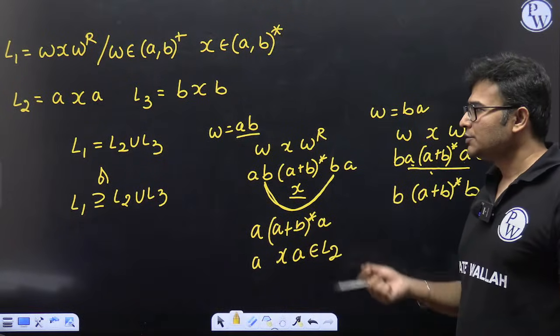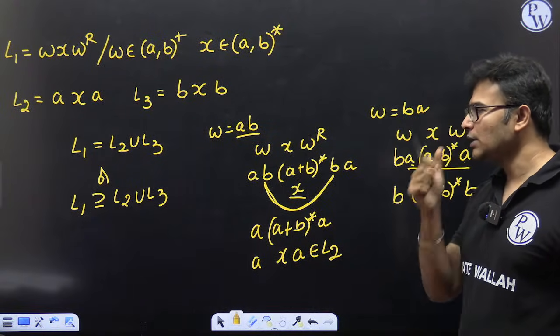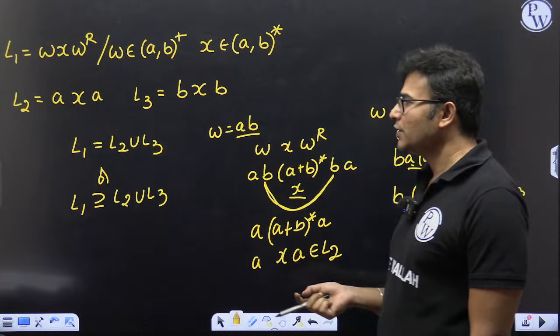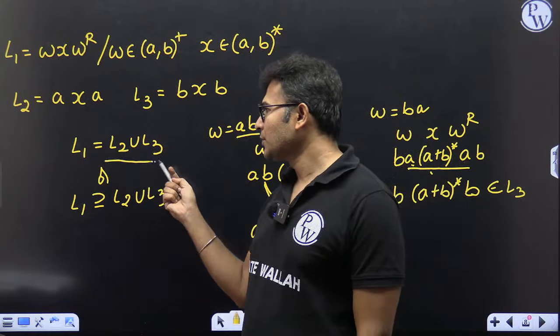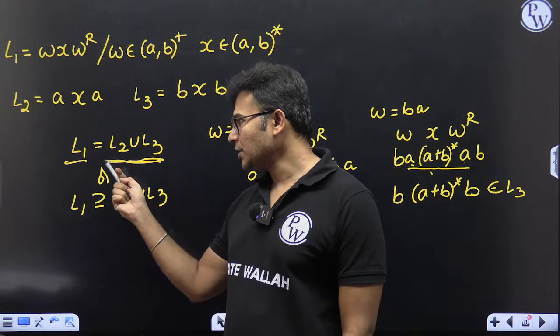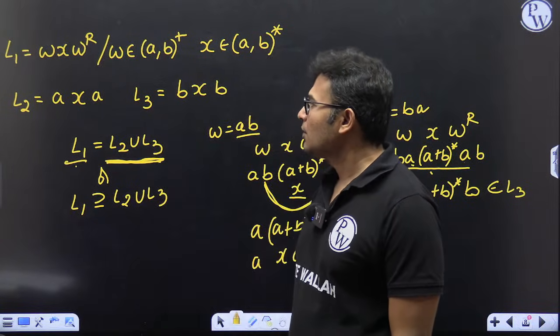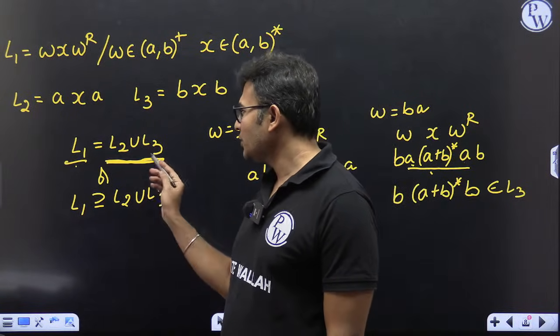Okay. Simply write L2, L3 and see if L1 equals L2 union L3. In this case, L1 is equal to L2 union L3. Take any string in L1, that will fall either in L2 or L3. Therefore, L1 equals L2 union L3, right? Now what can we say? What is L2 union L3?